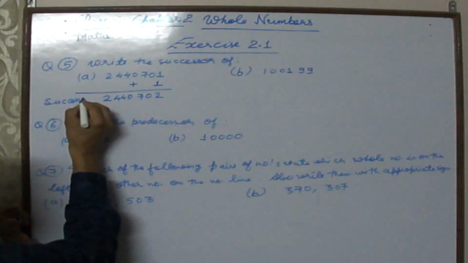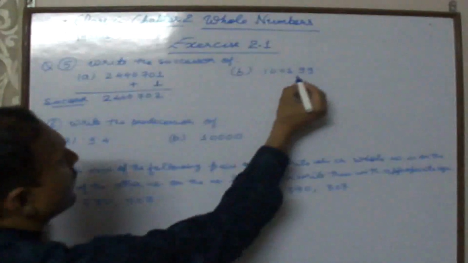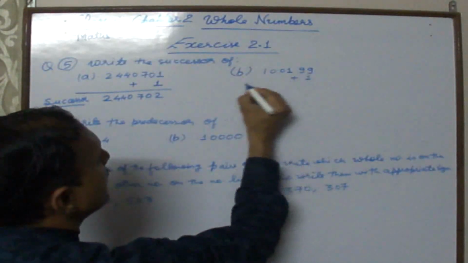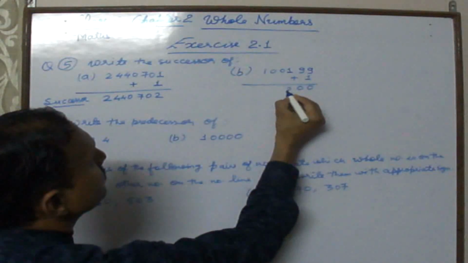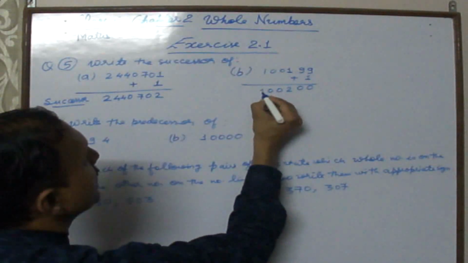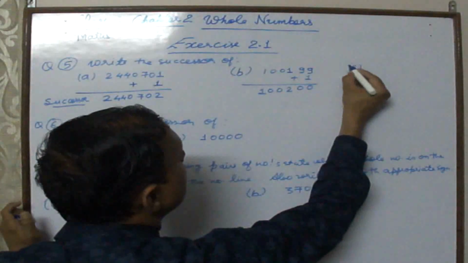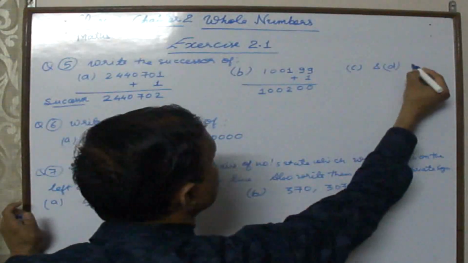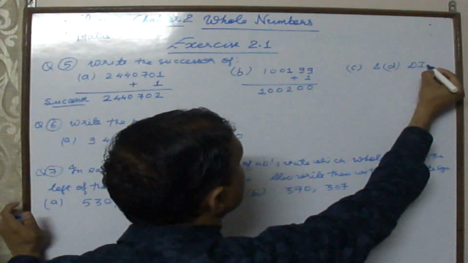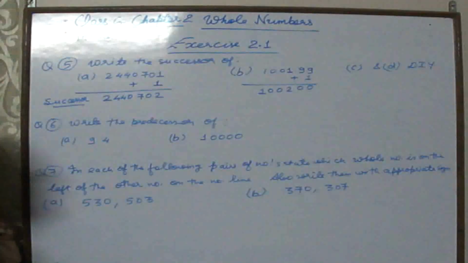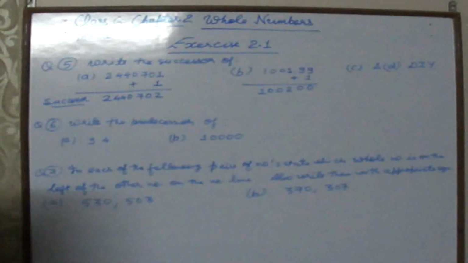Simply add 1, one more. And C and D, do it yourself, children, try it yourself, questions C and D of question number 5.